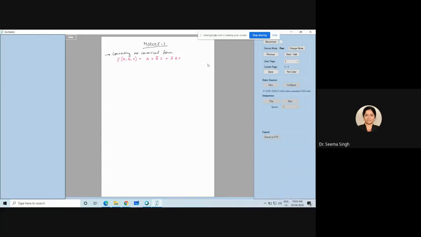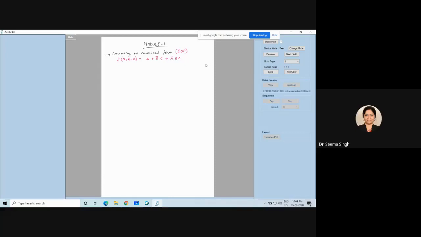Okay, so to convert it to canonical form, what shall I do? Anyone can answer? A few have already done it, so you can answer very well. What shall I do to make it in a canonical SOP form? First, we should multiply A with B plus B bar and C plus C bar.